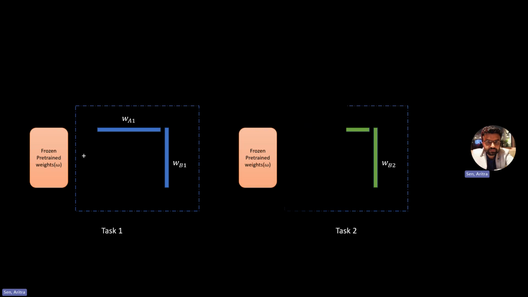But with the help of LoRA, you can create two separate LoRA adapters, or two separate low rank representations, using this WA and WB, and you can create task-specific adapters. During inference, you will only add back the task-specific LoRA representations to the frozen pre-trained weights.